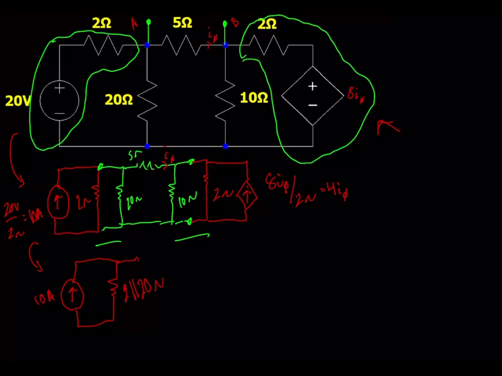The 5 ohm resistor is the same, and here these two, this 10 ohm and this 2 ohm, we can simplify to one resistor, the 10 ohm parallel with the 2 ohm. And this dependent current source again remains the same. That stays as 4 I naught, and do not forget how I naught is defined.